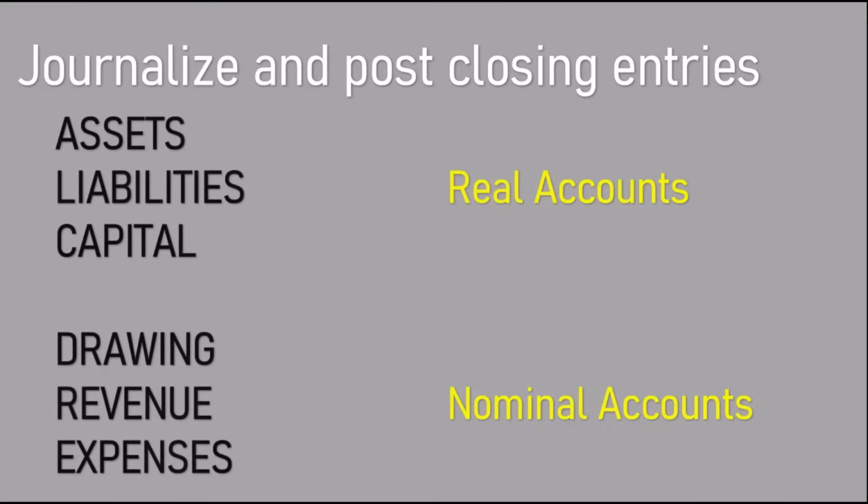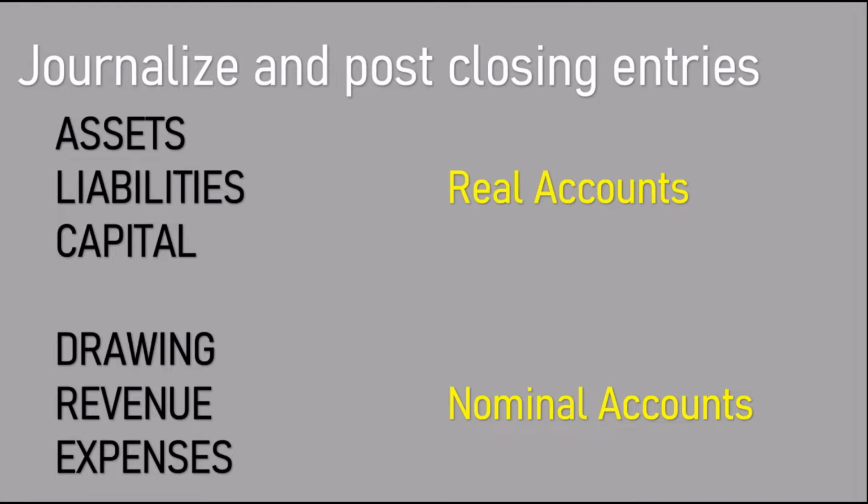Okay, so we need to understand that assets, liabilities, and capital are real accounts, and that drawing, revenue, and expenses are nominal accounts. So real accounts are those accounts in which their balances continue. Okay, it's cumulative.